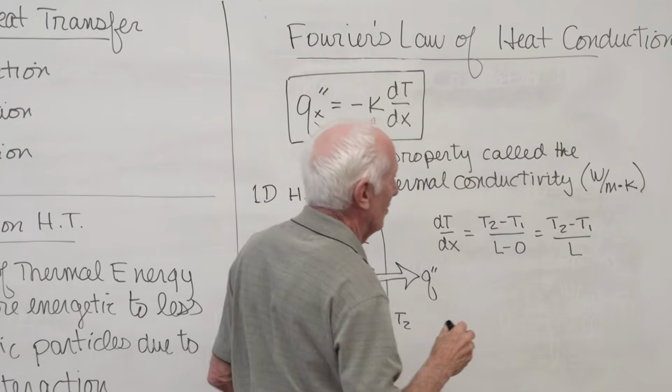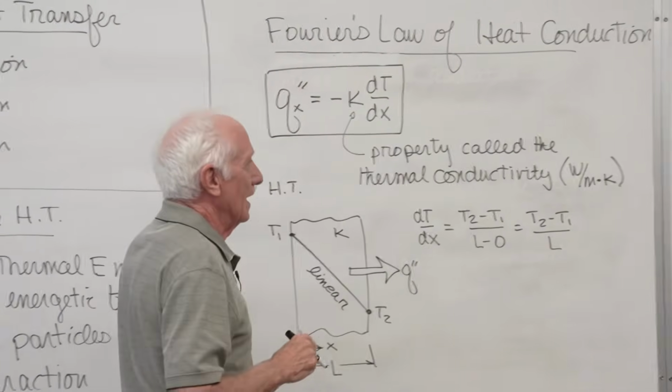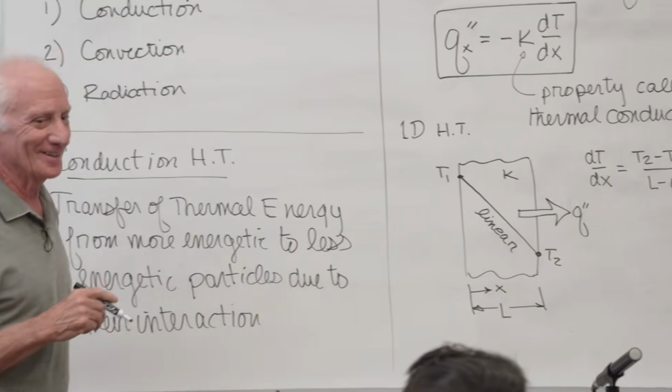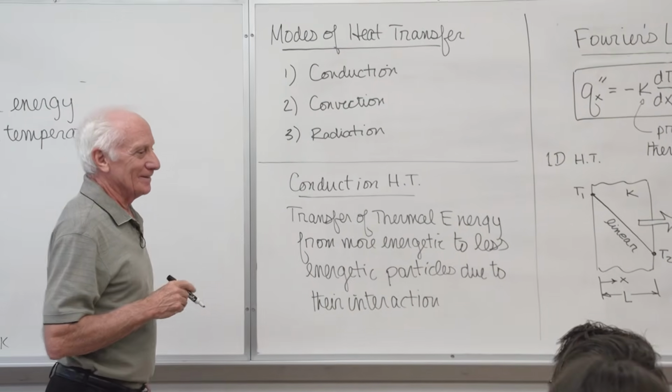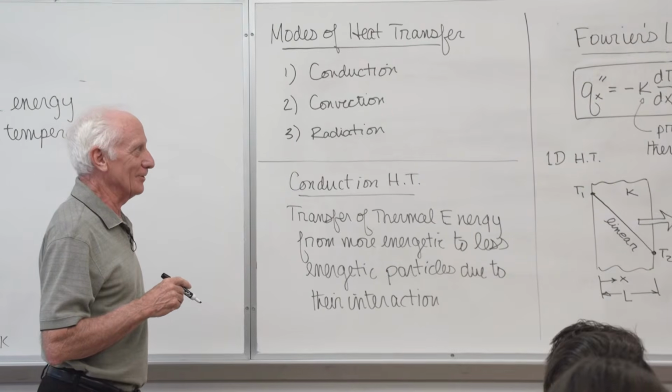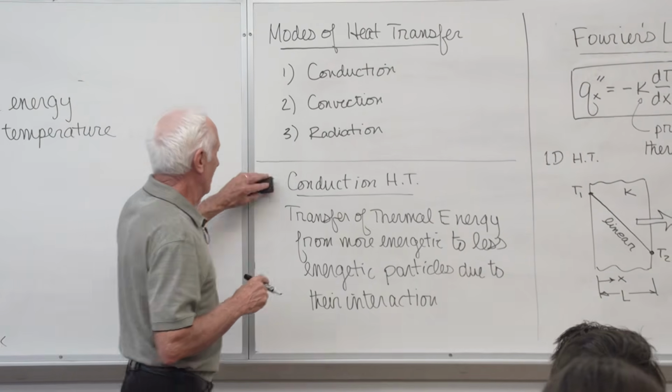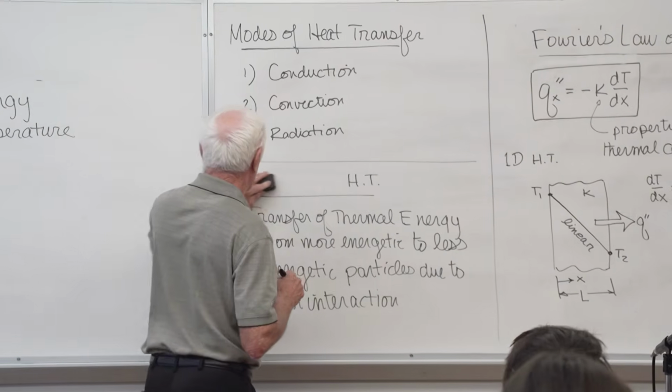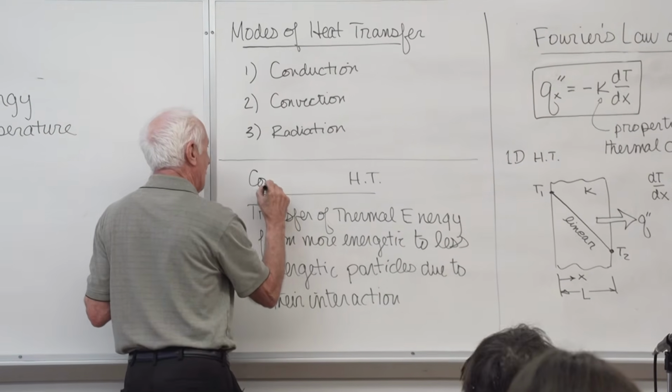Okay, so that pretty much wraps up Chapter 1, Conduction. Next week we'll cover chapters 2, 3, 4, and 5 in great depth on conduction. All right, so now we're going to change this to convection.